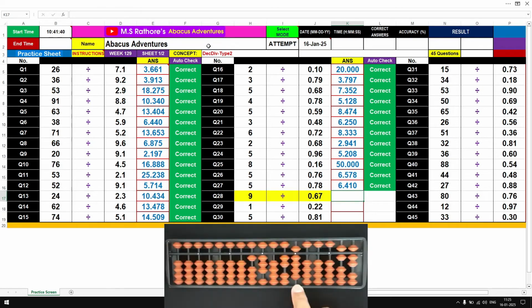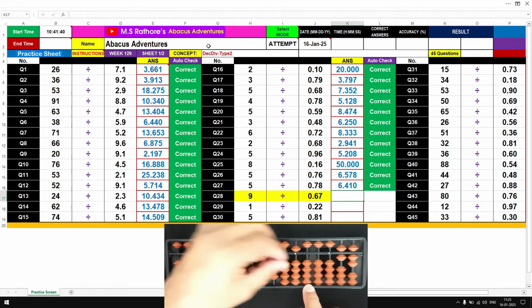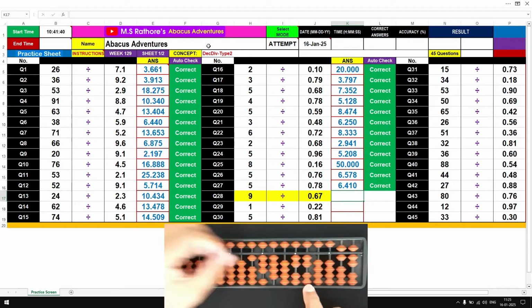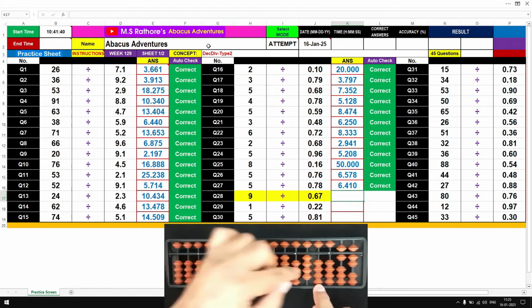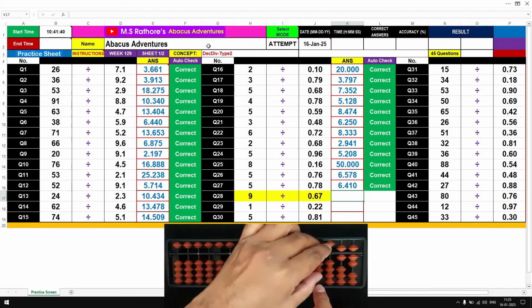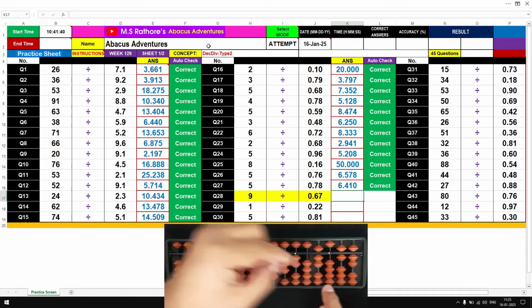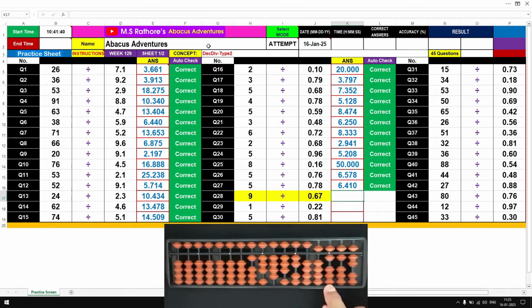New round. 6 4s are 24, shifted, 7 4s are minus 28. New round. 6 3s are 18, shifted, 7 3s are 21. Last round now. 6 2s are 12, shifted, 7 2s are 14, and our answer is 13.432.